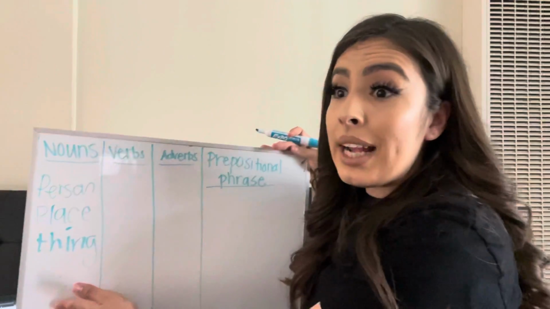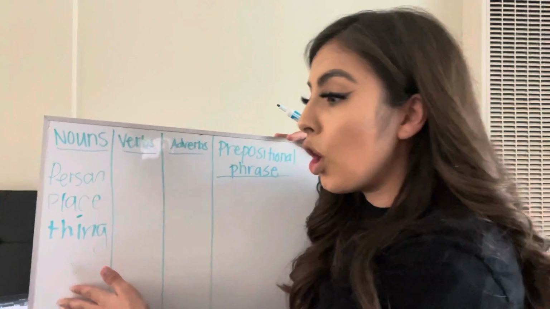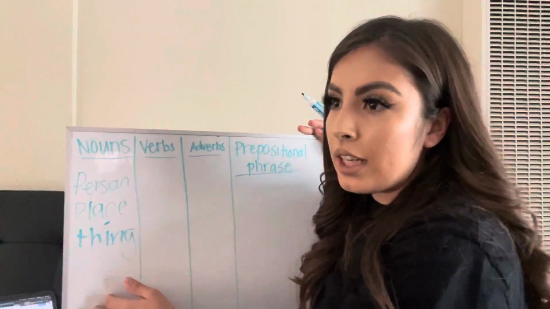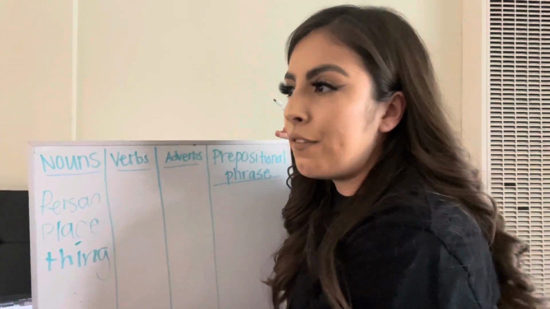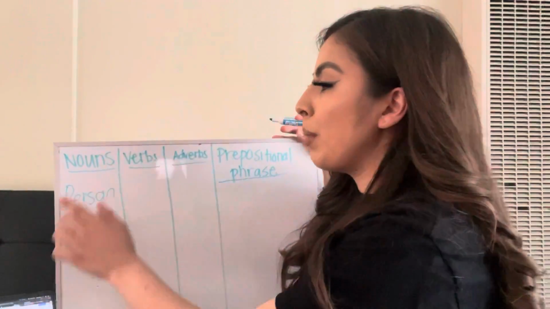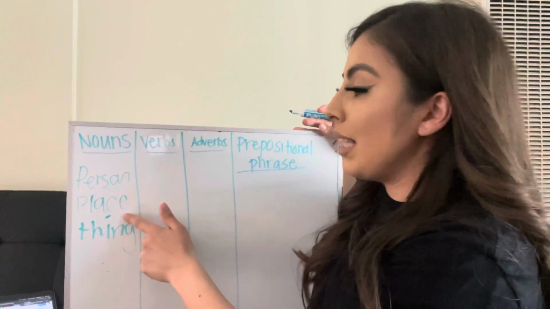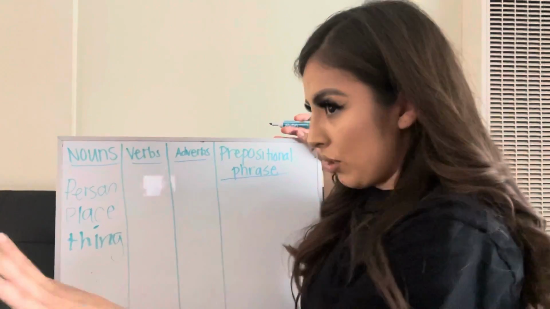Nouns could also be animals, and they can also be a feeling. But I don't want to go there yet. I don't want you guys to get confused. So for now, I want you to remember that nouns are persons, places, or things, okay?